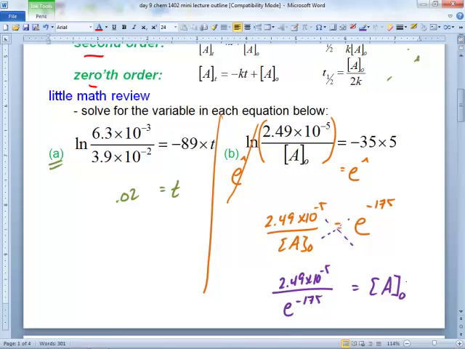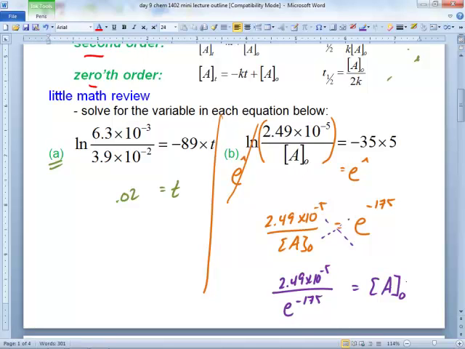So put in 175 and make it negative. Then you have to look on your calculator until you find the e to the x button. It's yellow, so you have to push shift first. Shift, e to the x. That's e to the negative 175. So you hit equals, and that should be it.